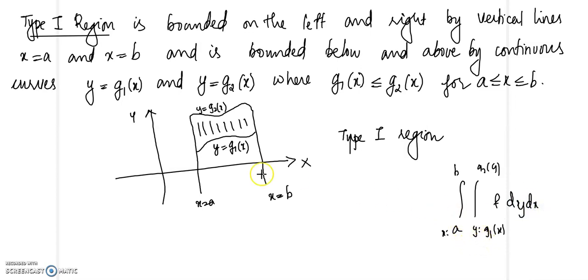f dy dx. So here we have a region bounded below and above by g1 and g2, and on the left and right by x equal to a and x equal to b. A region of this form is called the type 1 region.